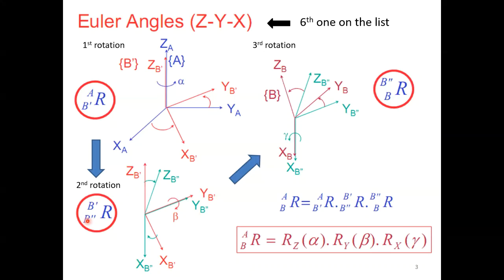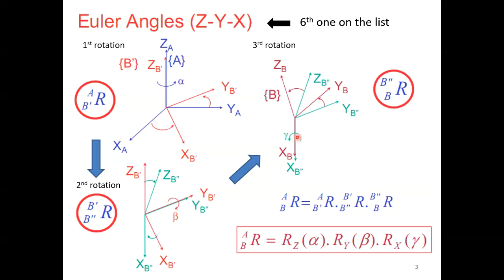And then you rotate B double dash around its own x-axis, which is X B double dash, this one, by an angle gamma.